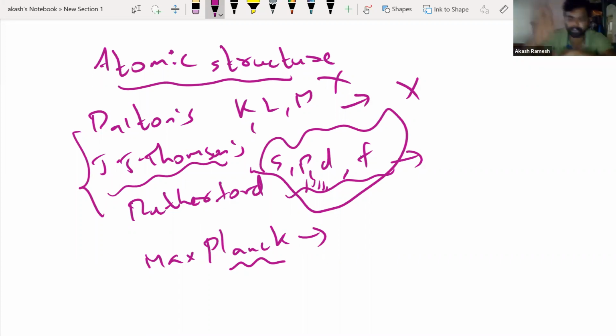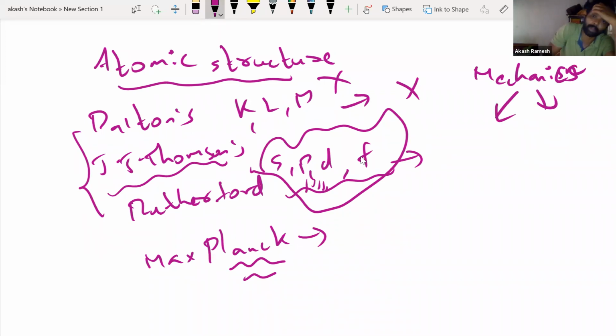So when Max Planck tried to apply these equations to the movement of electrons, we know there are going to be electrons inside the atom, and the electrons are also in motion. When Newton's laws of motion, the Newtonian equations, were applied to the electrons' movement, the results were not coming out well. So mechanics, the science of movement, was divided into two.